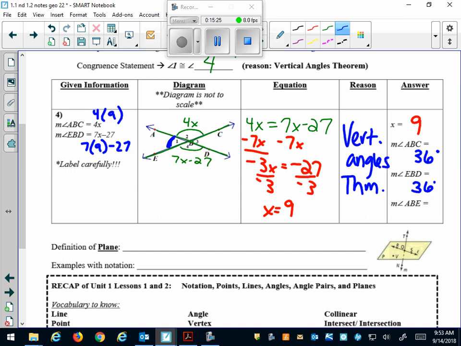Yeah, we know that this is a straight angle. It's a linear pair. So if this is 36, again, the diagram's not drawn to scale, but we do 180 minus 36, we should be able to get our answer here, which is what, 144?